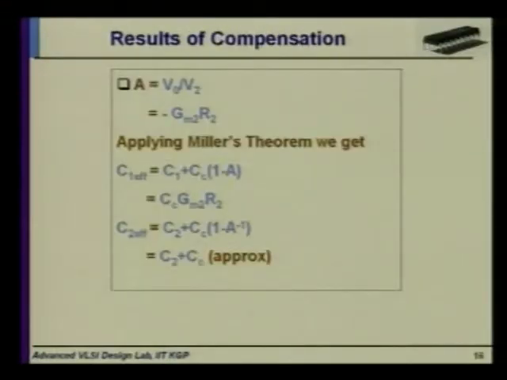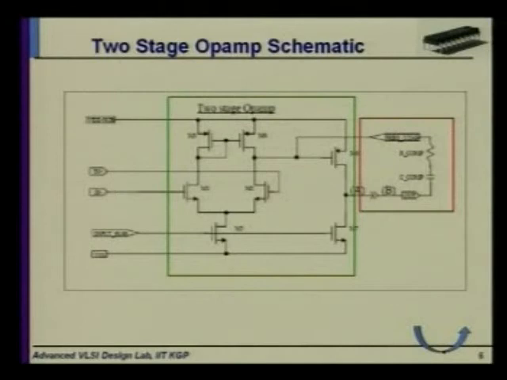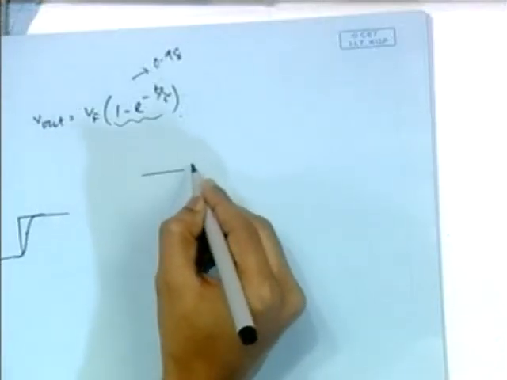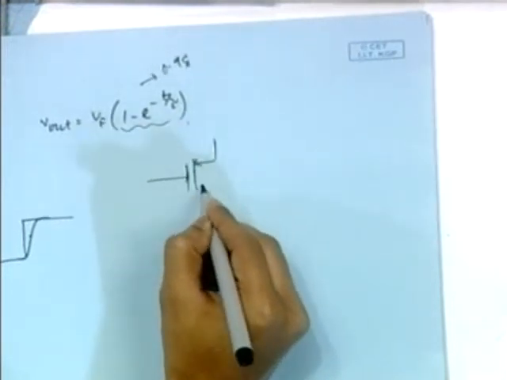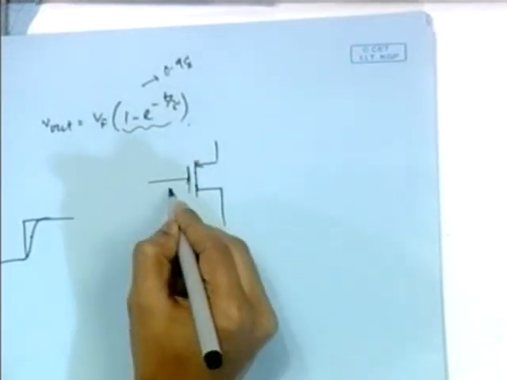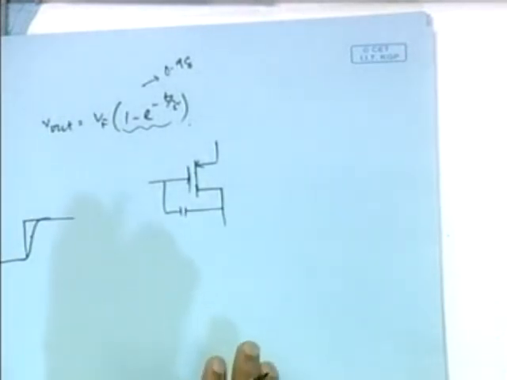It means the change of output voltage with respect to time. Basically the output voltage gets changed. Here I am just considering only the compensation capacitor.